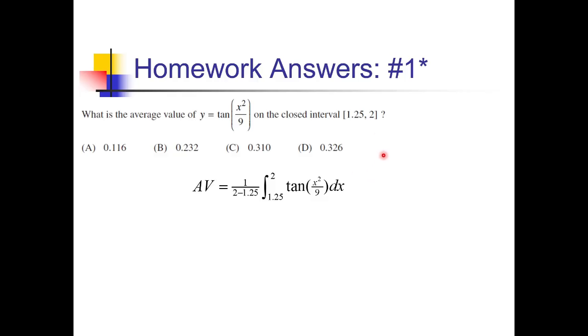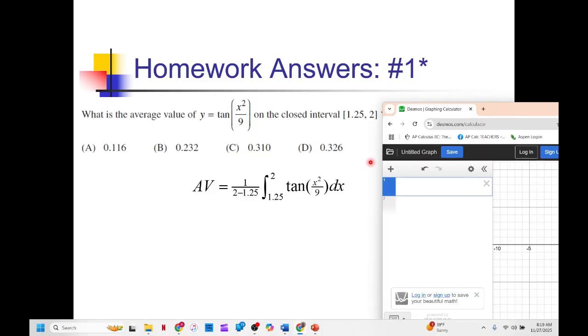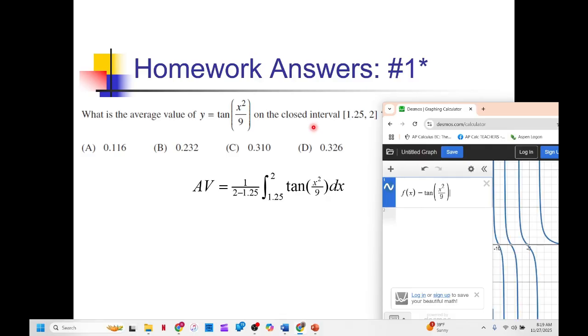And now we'll just do this on Desmos because it is a calculator problem. So just to make my life a little bit easier, let me create a name for the original function. We'll call it f of x, and we'll make it tan of, parentheses, x squared over 9. Close the parentheses.